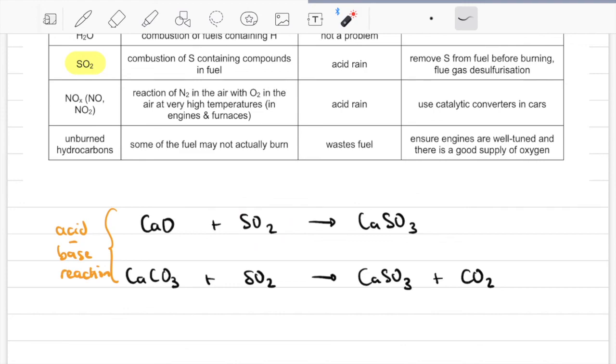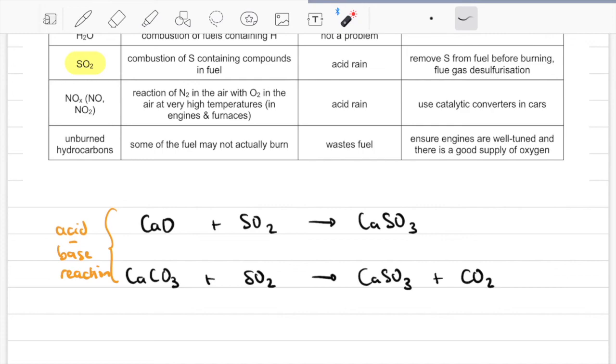So what you've got here is essentially a base and an acidic gas reacting together, and it's called an acid-base reaction. So the SO2 is an acidic oxide in effect, and the product, calcium sulfate, that's also known as gypsum, and that can be used to make plasterboard, but that's not really terribly important.